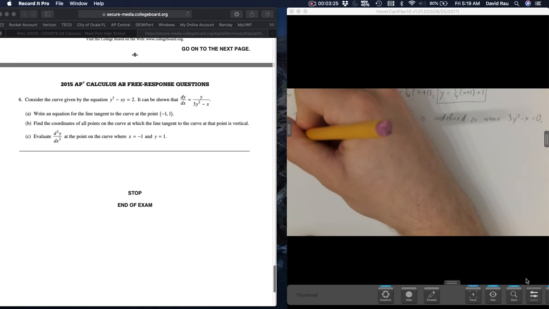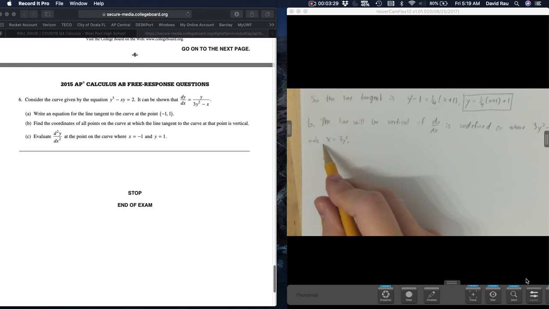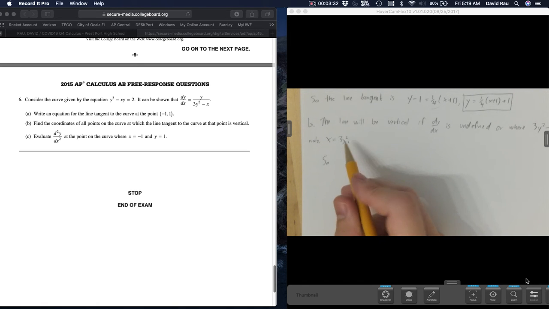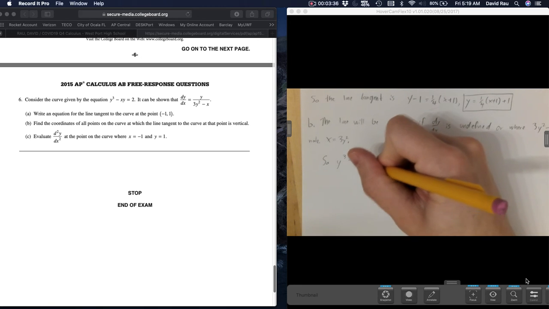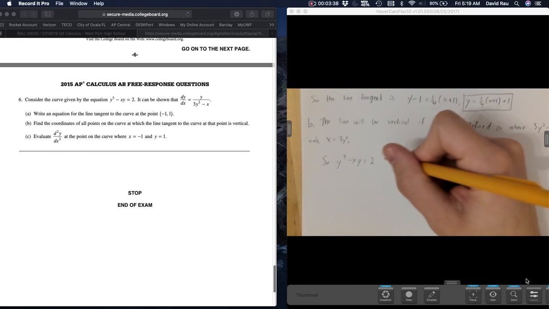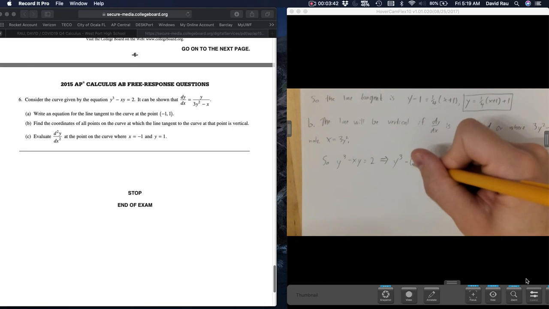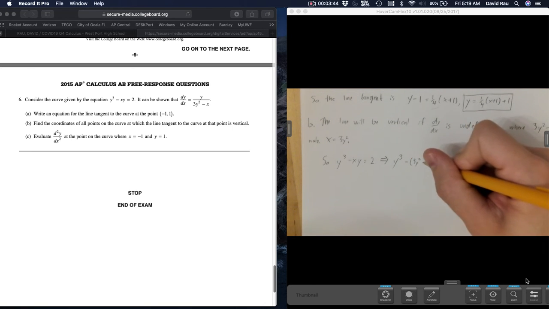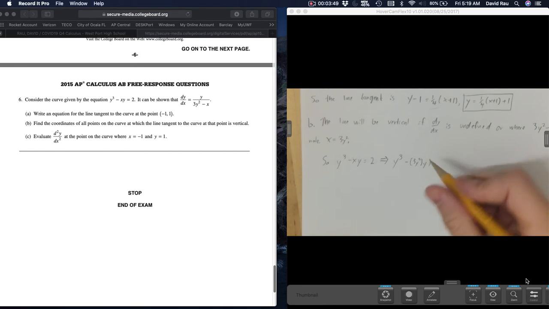Just say note. So we have this. I just moved over the x to say, okay, notice that x is 3y squared. So y cubed minus xy equals 2. That's really y cubed minus 3y squared times y. I'm substituting that value of x into this equation. That equals 2.